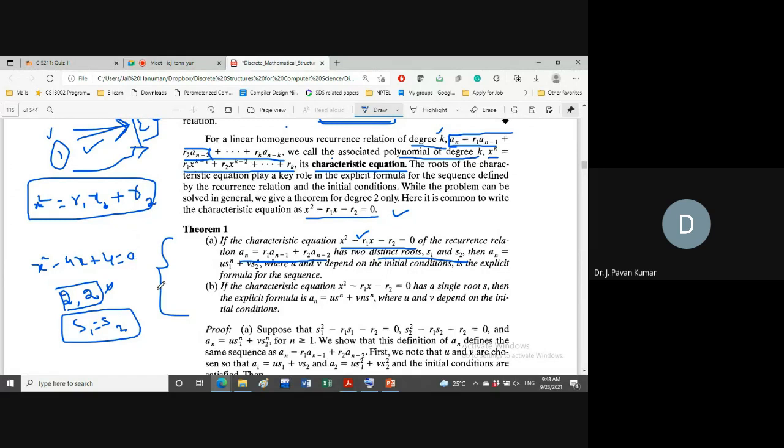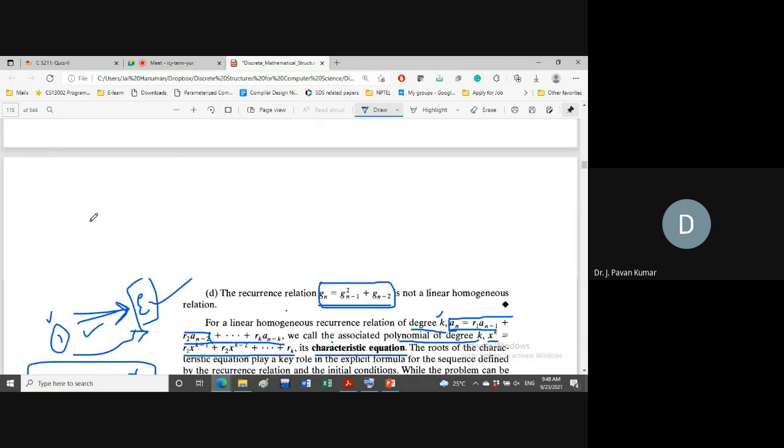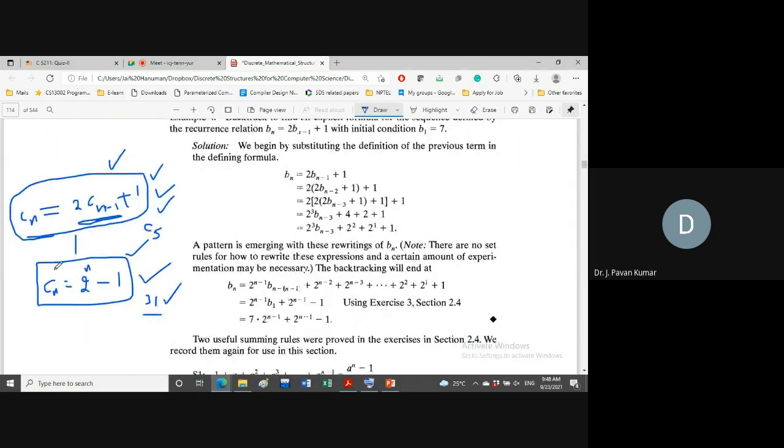Like this, if we have distinct roots for the characteristic equation that we obtain from the recurrence relation, then we can straight away write the explicit formula. An is the requirement, just like we considered cn as the requirement, the cn formula we wanted to obtain.